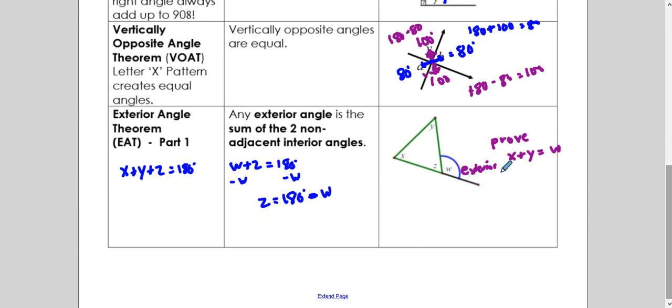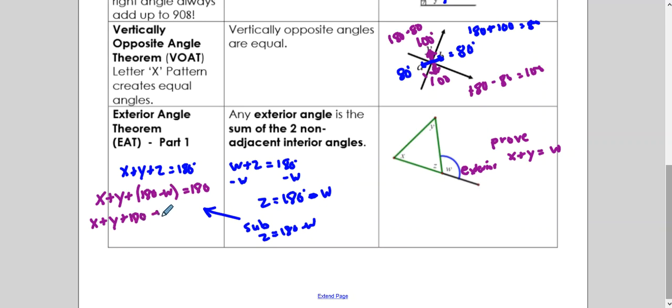Just to prove this, I'm going to substitute z equals 180 minus w over there. So that leaves me with x plus y plus 180 minus w equals 180. Let's get rid of the brackets. Plus doesn't change any signs in there. So x plus y plus 180 minus w equals 180.